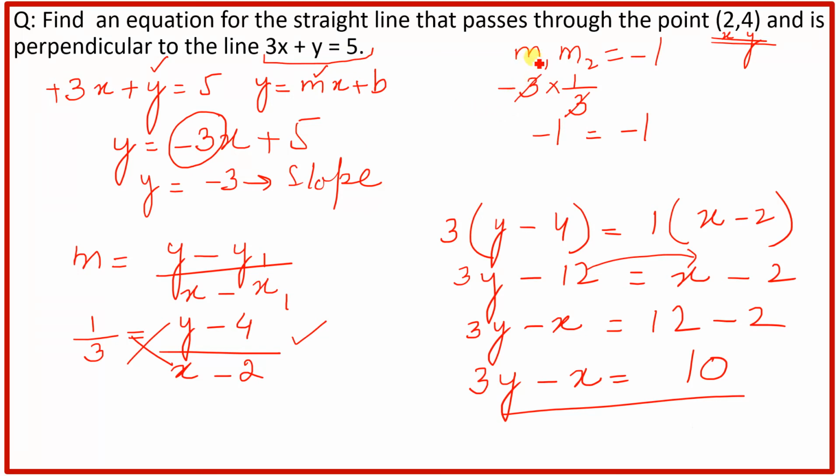So m1 is negative 3. What should be the value of m2 in order to make the product negative 1? You will say 1 over 3, because this 3 will cancel this 3. So 1 over 3 is the slope, and then you use the given point, solve it, and you will get the answer.